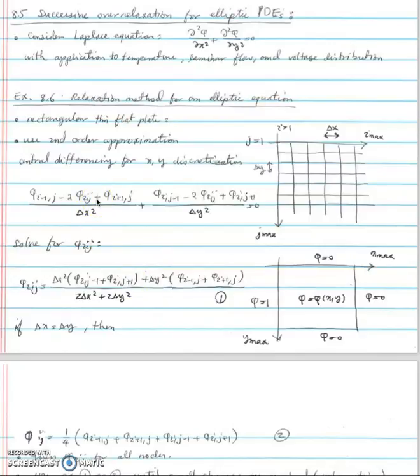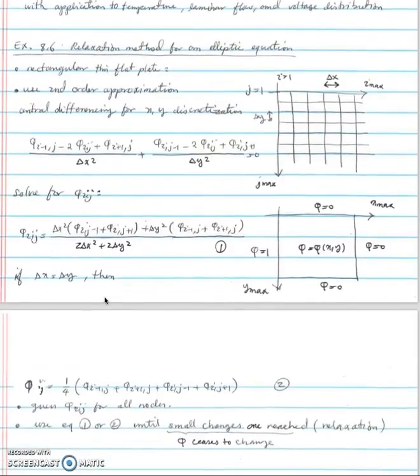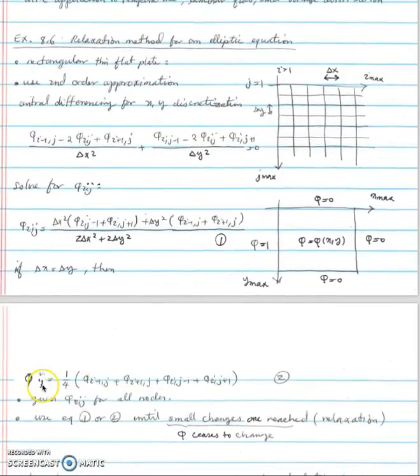Now let's assume del x and del y are equal. So if del x and del y are equal, we can simplify del x squared and del y squared from the numerator with these ones in the denominator. Okay, so if you do that, we see that phi ij now becomes 1/4.